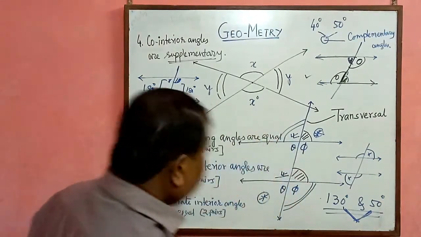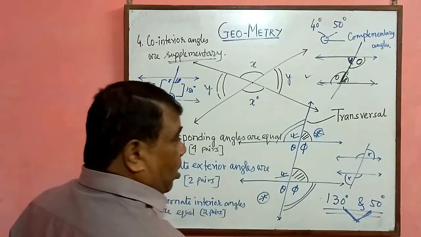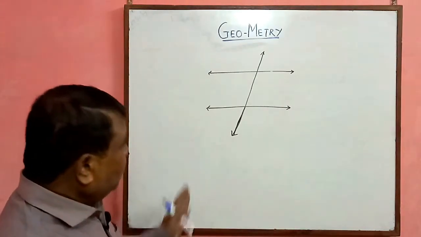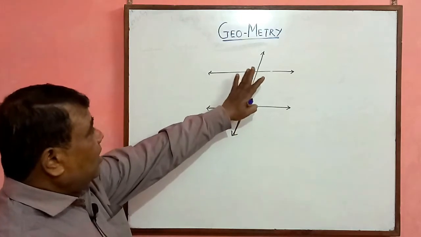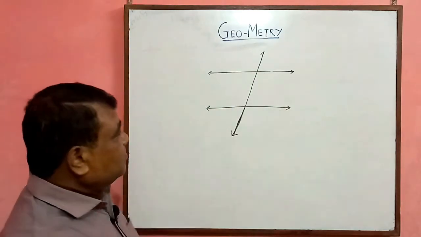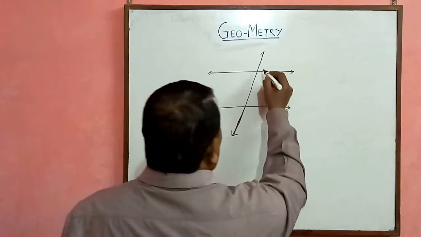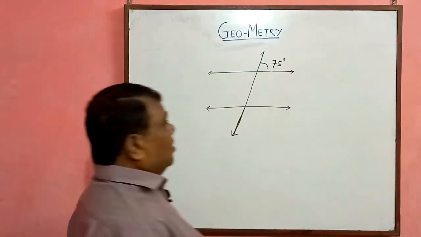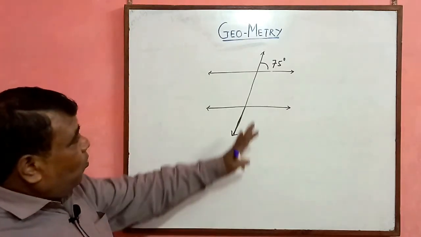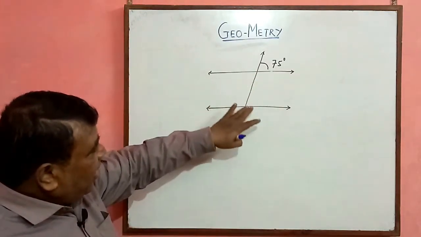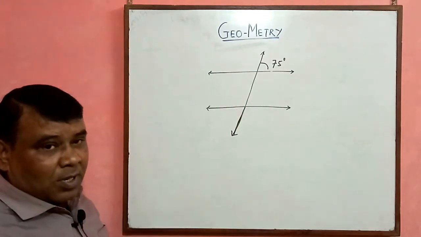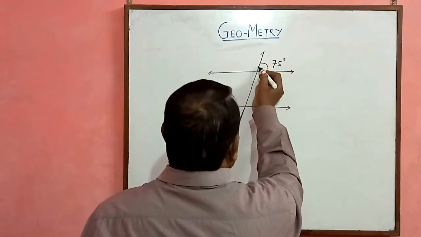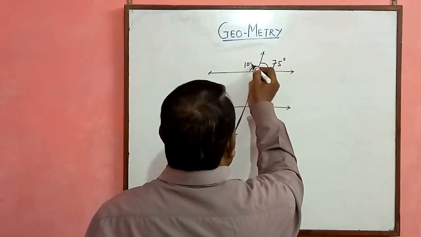Now I tell you, if these two lines are parallel, if I say this is 75 degree, we can find out each and every angle here. How? You see, first of all, if this is 75, so this is 105.